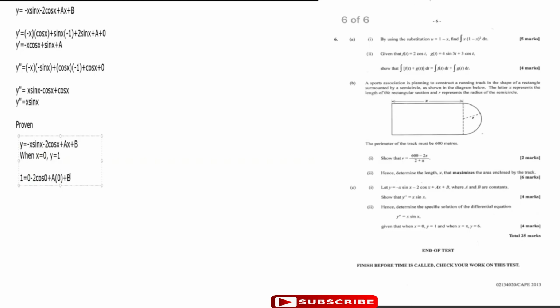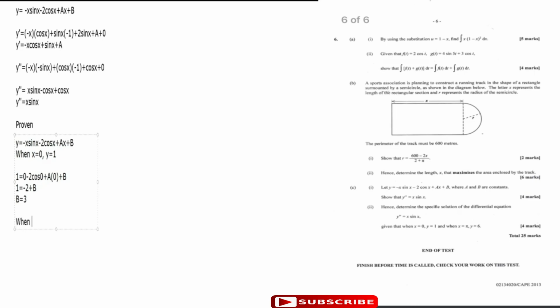Cos of 0 is, I believe, 1. Yes, the cosine of 0 is 1. So we're getting 1 is equal to minus 2 plus b, and so we transpose for b by adding 2 to both sides, and so b equals 3. And that's when x equals 0. Next we need when x equals pi.